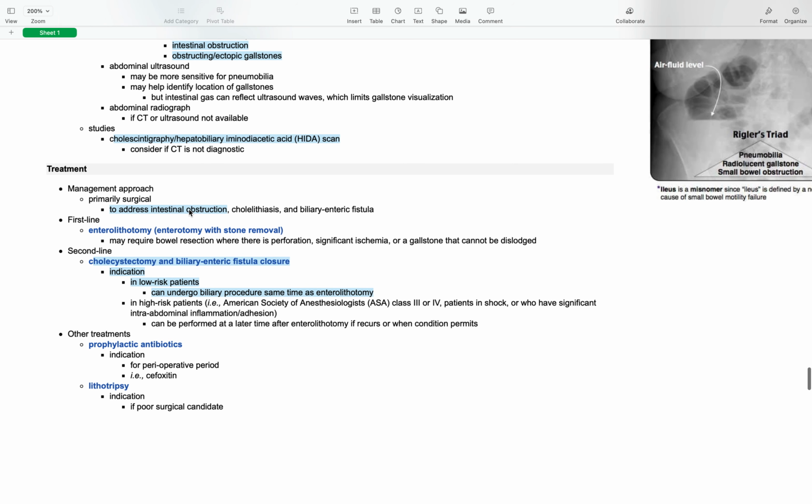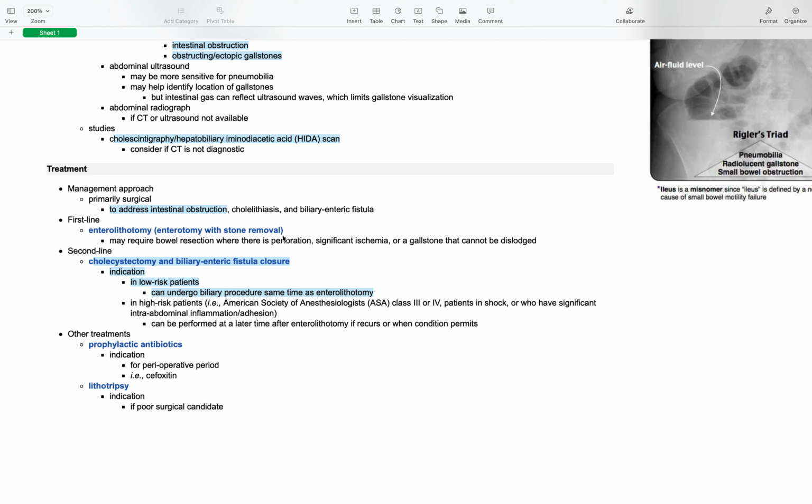Then how do you approach management? Primarily, you have to fix the fistula, remove the stones, and then address the intestinal obstruction. The first line treatment is enterolithotomy, which is enterotomy with stone removal.